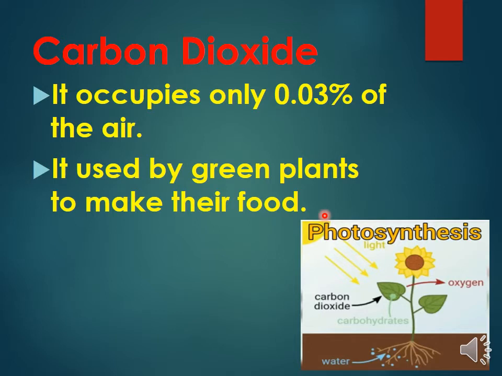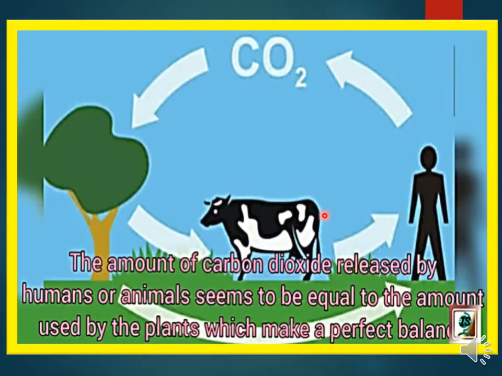Carbon dioxide is another important gas. It occupies only 0.03% of the air, and green plants use carbon dioxide to make their food and release oxygen through the process of photosynthesis. Now children, humans and animals release carbon dioxide.